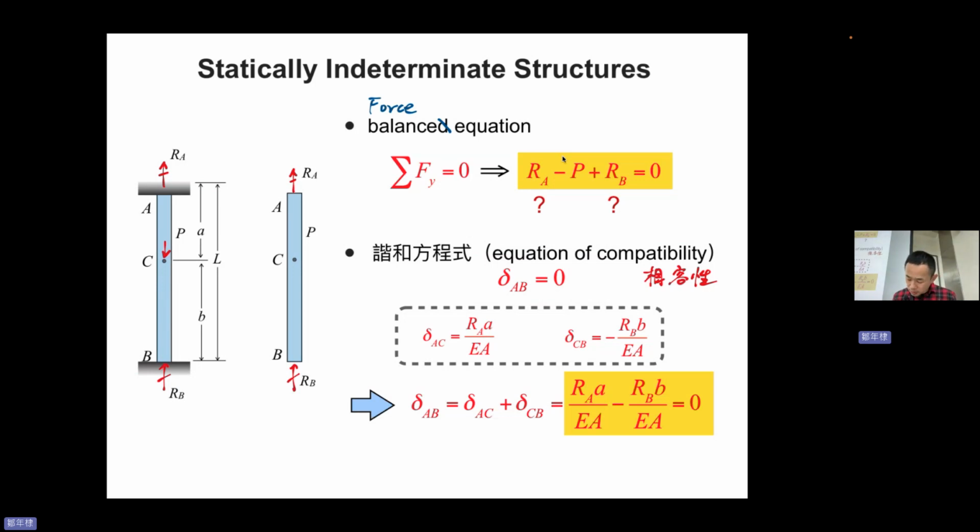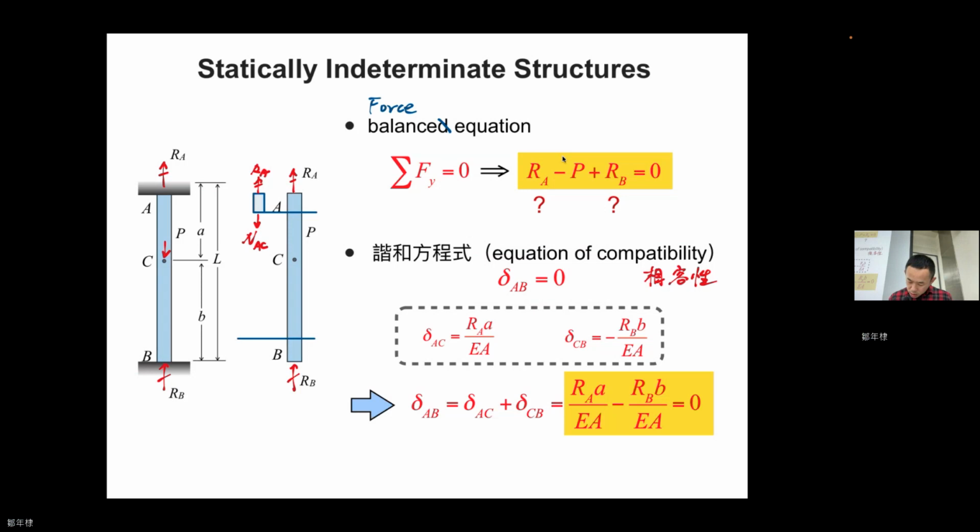Here is the first section, and this is RA, an AC segment.